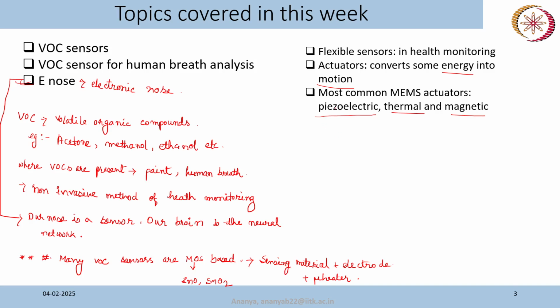So you already know what the piezoelectric effect is, and how piezoelectricity arises in a crystal. I discussed that in the last session also. You can go back and check. What happens in the case of a thermal actuator? It uses thermal expansion for actuation.